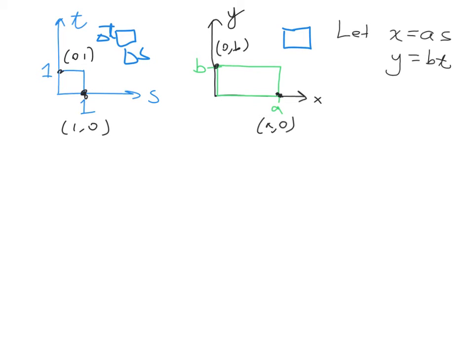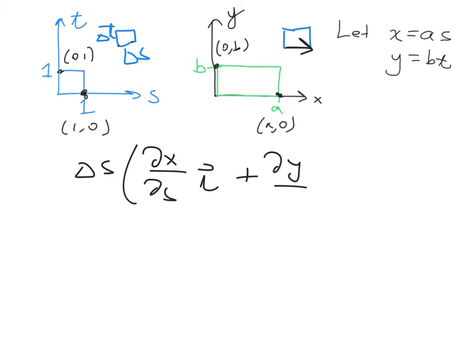And so if s changes by delta s, we get some vector that occurs in xy space corresponding to a change in delta s, and this is delta s times the rate of change of the x-coordinate with respect to s in the i direction, plus the rate of change of the y-coordinate with respect to s in the j direction.